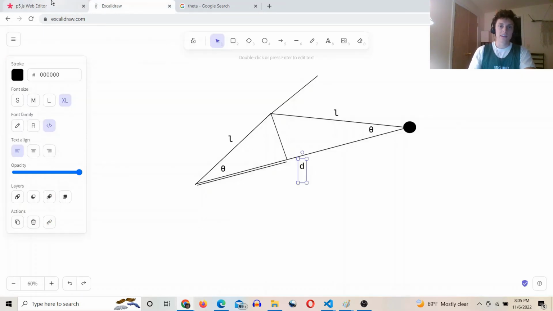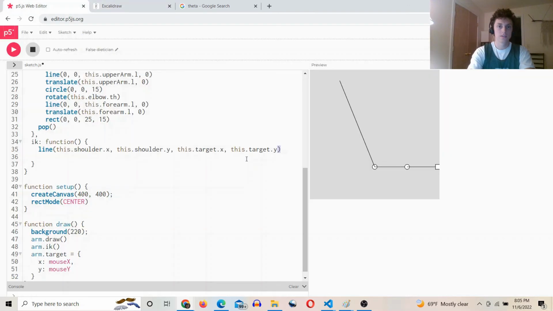And then from there, we're going to just calculate these angles accordingly. We'll say let d equal the distance from the shoulder to the target.